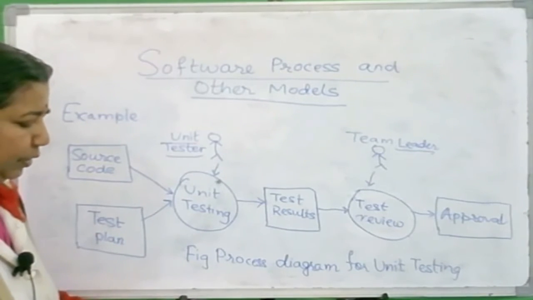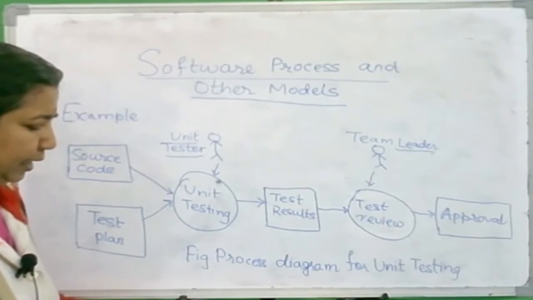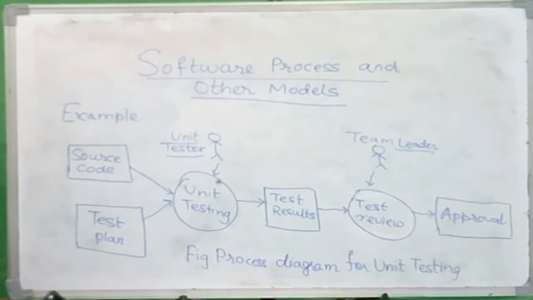Next we move on to the next category of model, which is called the data flow diagram.